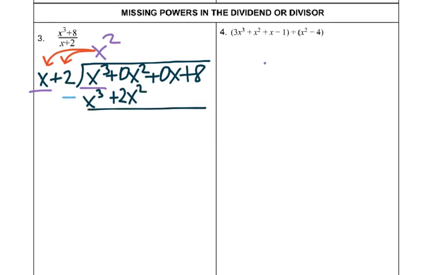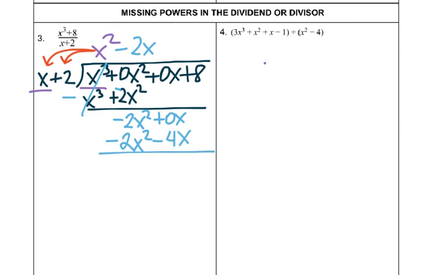Now I'm going to subtract. So I get negative 2x squared plus 0x. And if I divide negative 2x squared by x, I get negative 2x. Then I'm going to multiply: negative 2x squared minus 4x.